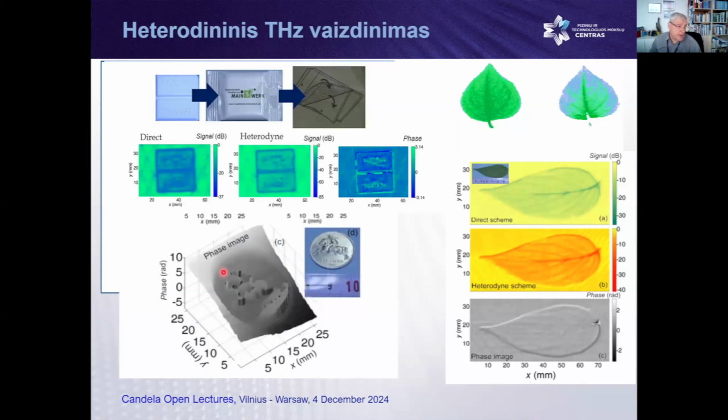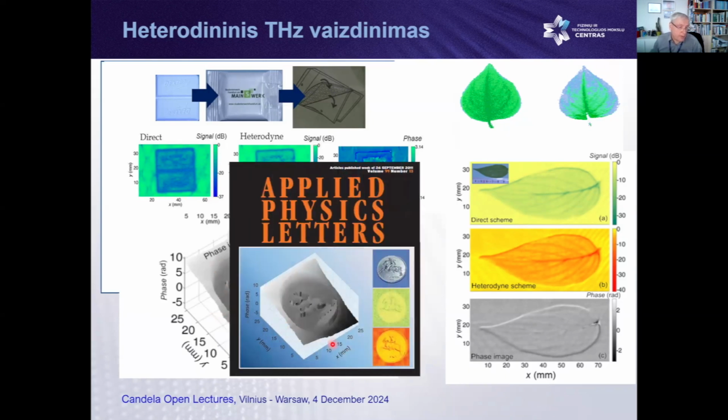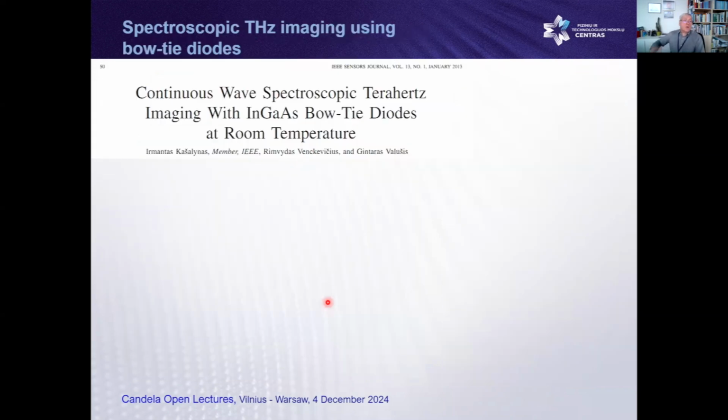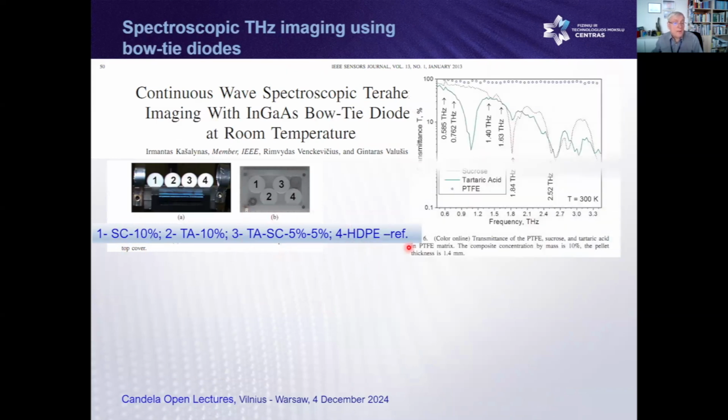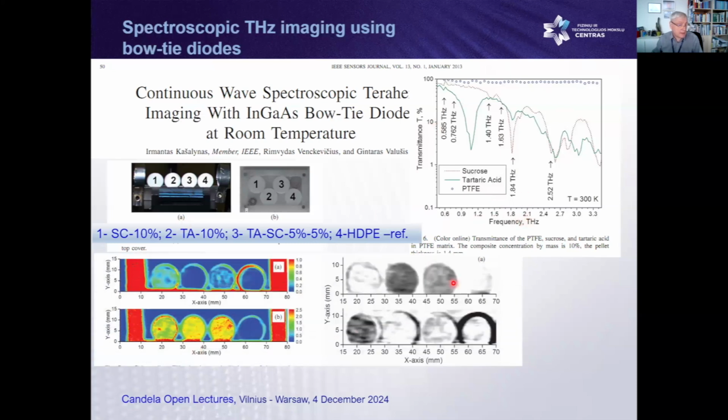Later we recorded a phase image of former Lithuanian money, litas, and here is a coin, with our heraldic symbol, which appeared on the cover of Applied Physics Letters first. So, continuous wave spectroscopic imaging with bow ties, it's also the same. Samples were exactly the same, and the procedure was exactly the same.